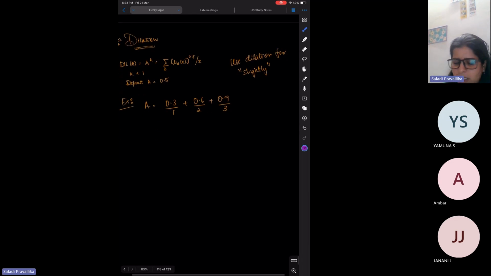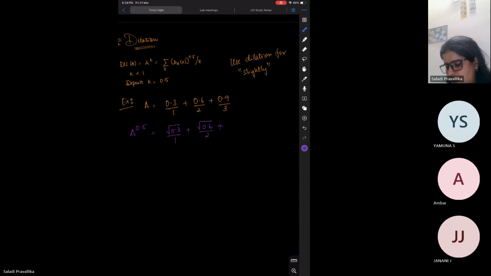Here we have a fuzzy set A, and the k value is not given. Hence, we have to take 0.5. That is the square root of 0.3 for 1, the square root of 0.6 for 2, and the square root of 0.9 for 3.